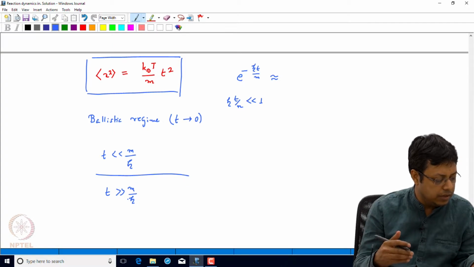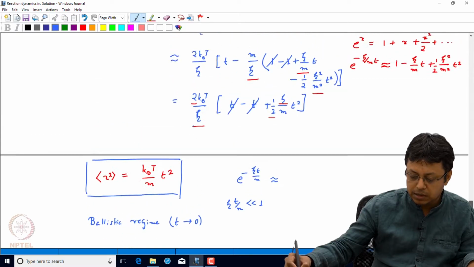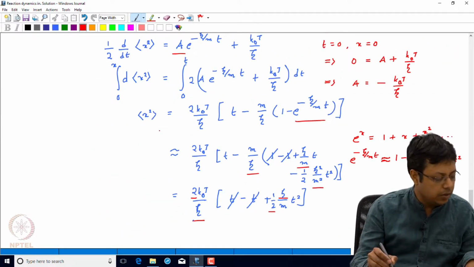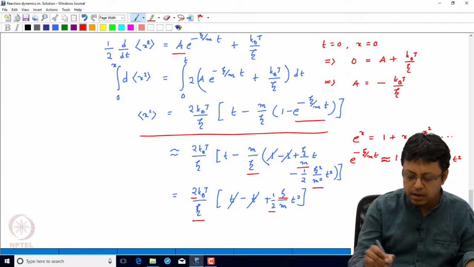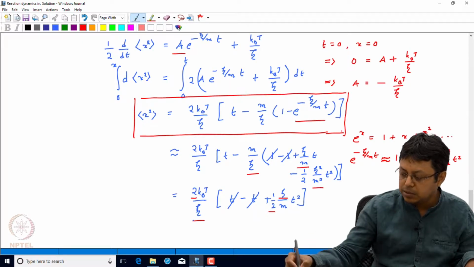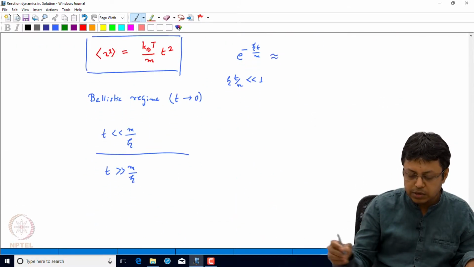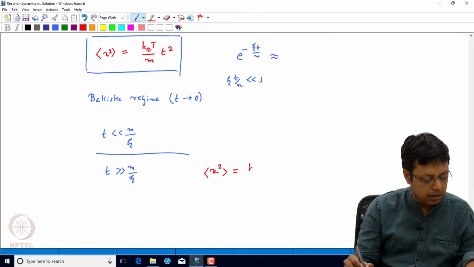assume that in this equation, for x square average, you can easily figure out what the result will be. You can easily figure out from this equation, where I have x square is equal to the original equation, that is twice kBT, this equation where we had a full analytical equation. If we do not make that approximation, then you can keep that, and you can show that in this time regime it will be nothing but twice kBT.